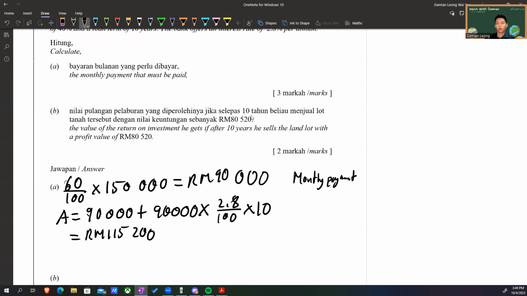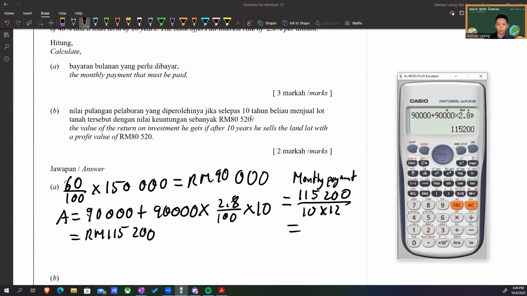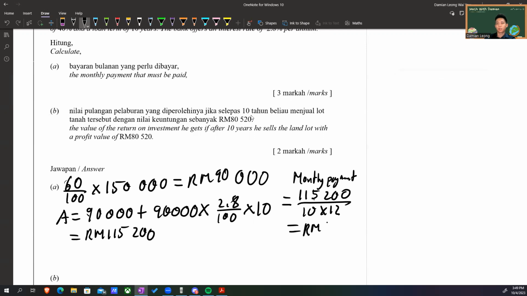The monthly installment will be the total amount divided by the total number of installments: 10 years times 12 months a year. 115,200 divided by 120 months is 960 ringgit. That's the monthly repayment.